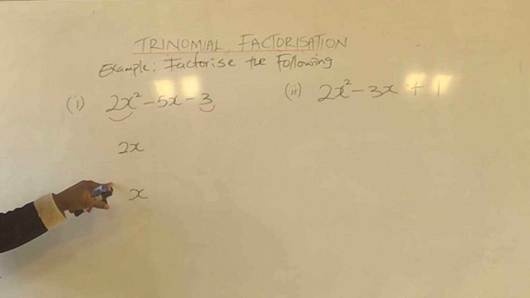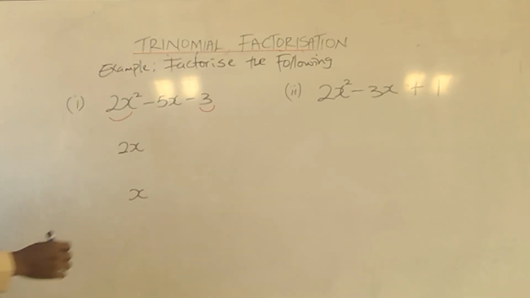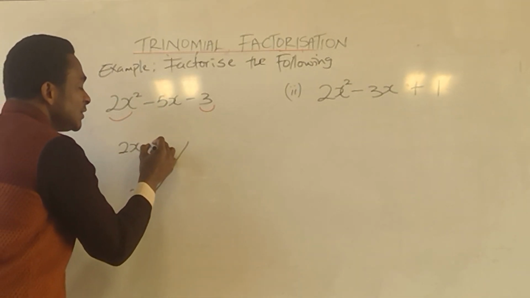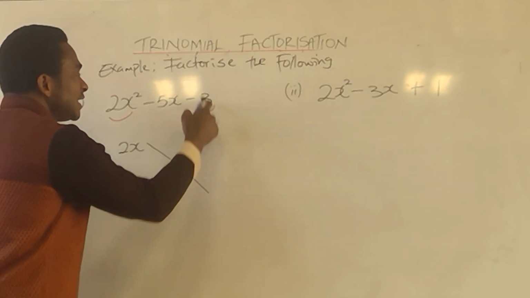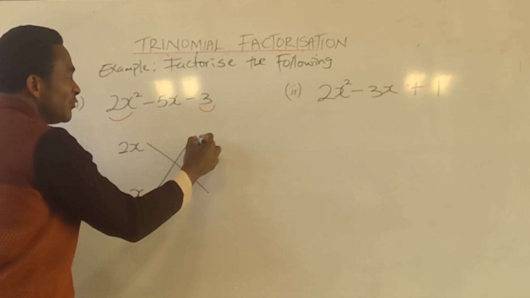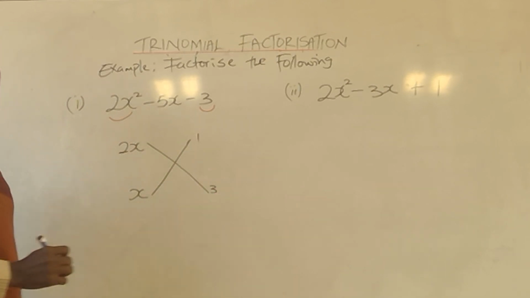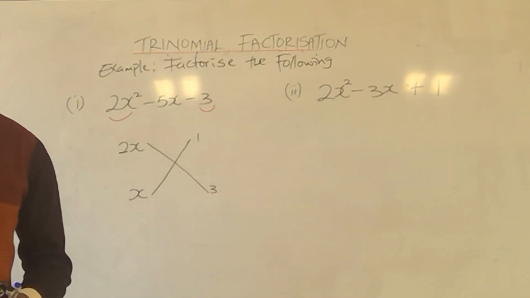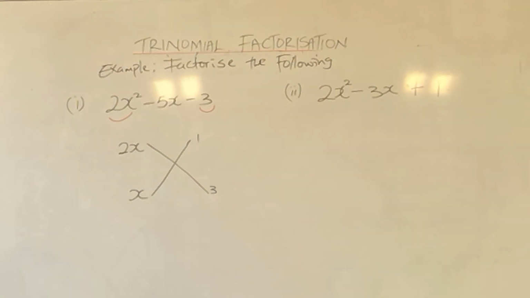And we also focus on the two numbers that will multiply to give us the last term. So if we multiply 1 and 3, it gives us 3. This may not be direct, you may have to try randomly to check.